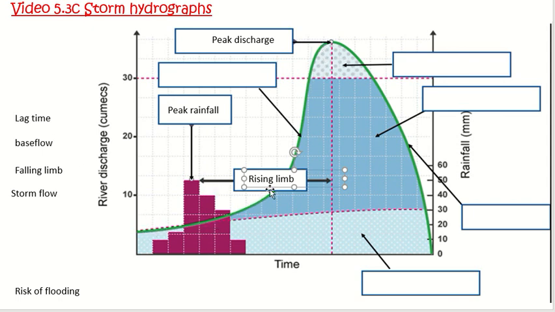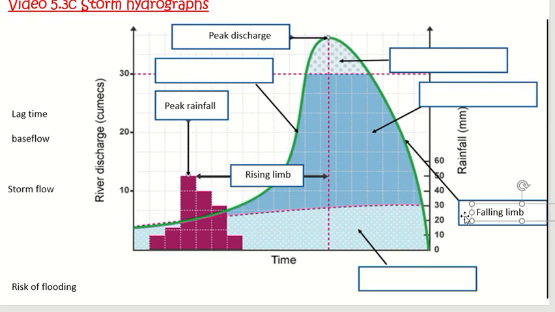So this bit of the graph is the rising limb, where the discharge of the river is increasing. If that's the rising limb, then logic tells us that this part of the line must be the falling limb, when the river flow is getting back to normal. I've labelled it in the wrong place, folks, which you're going to curse me for in lesson. Sorry, I've got it labelled in the wrong place. So this is the rising limb.